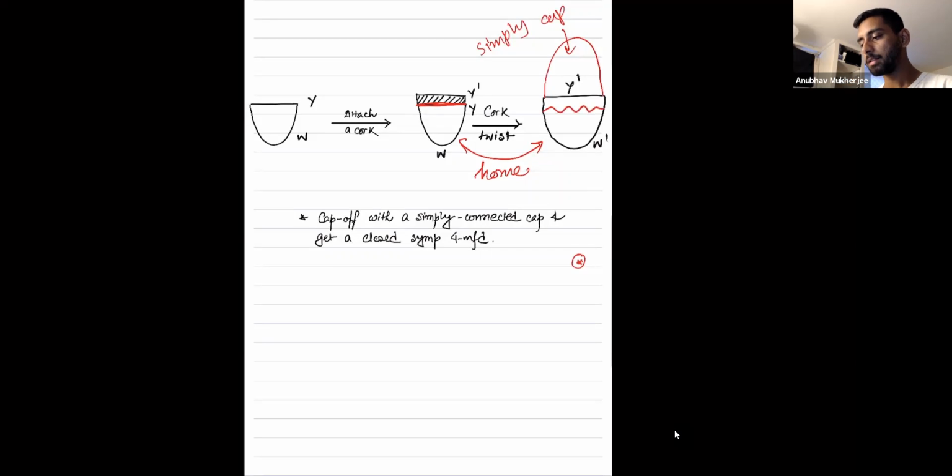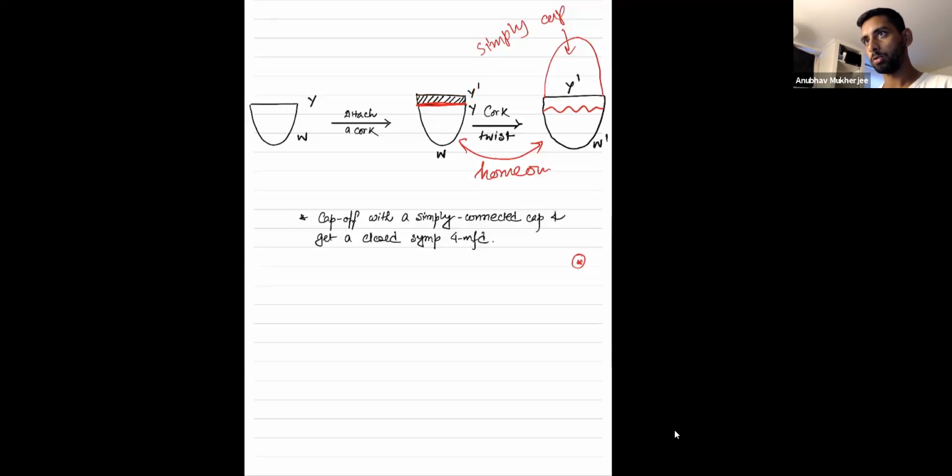That's the reason we have to compromise the smooth embedding of Y, and in particular we get a topological embedding of Y in the symplectic 4-manifold. Also notice that at this stage, where we are attaching and getting the manifold Y prime, this Y prime is Stein fillable, right? Because the cork twist doesn't change the boundary 3-manifold here. And in particular, this is a Stein filling of Y prime.